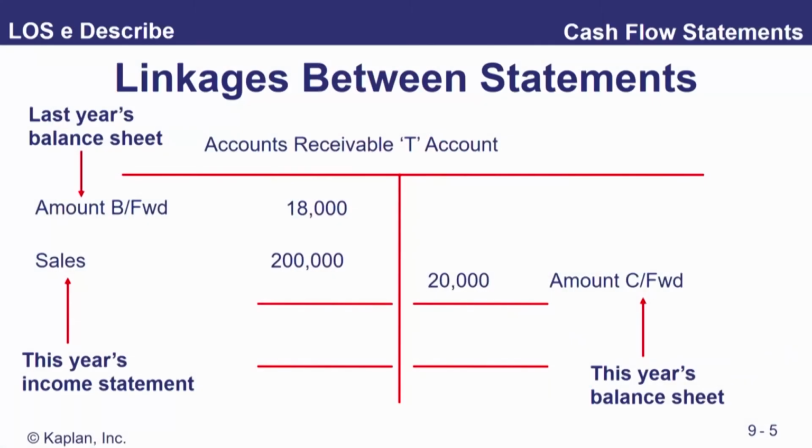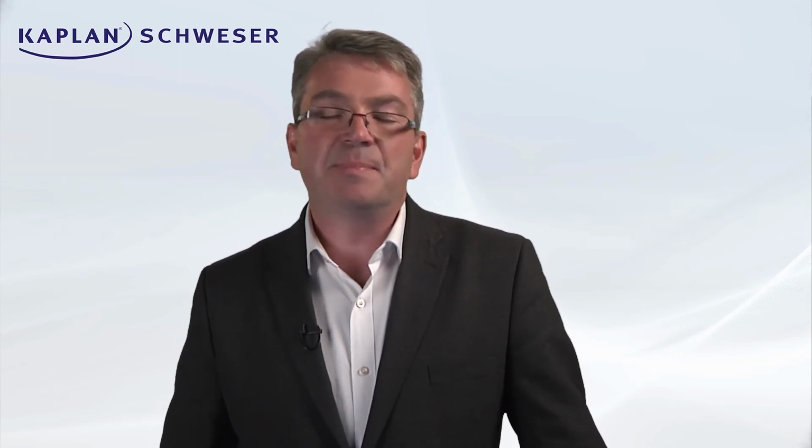So therefore, we can deduce that the cash we collected from our customers must have been $198,000. Okay, so notice, armed with essentially income statement data and 2 years worth of balance sheets, this year's and last year's balance sheet, we can derive the cash flow figures.